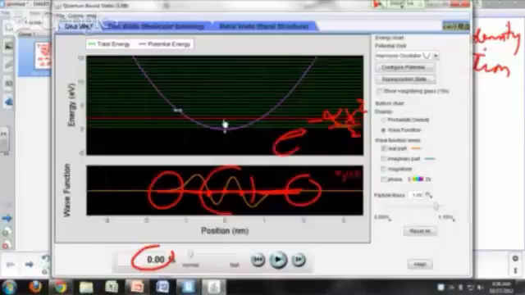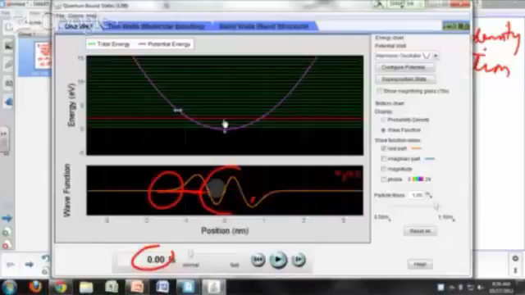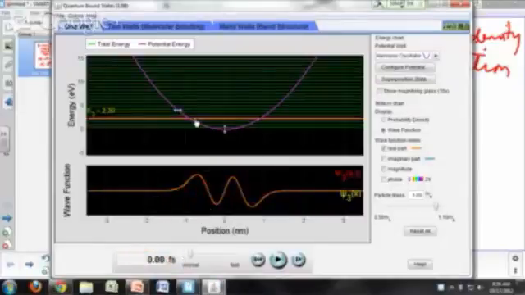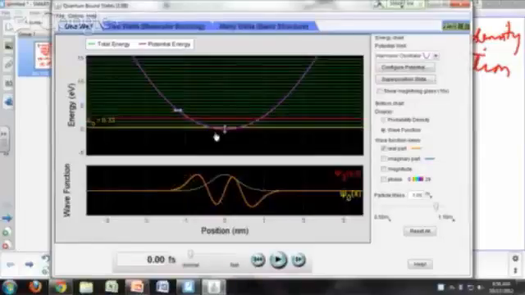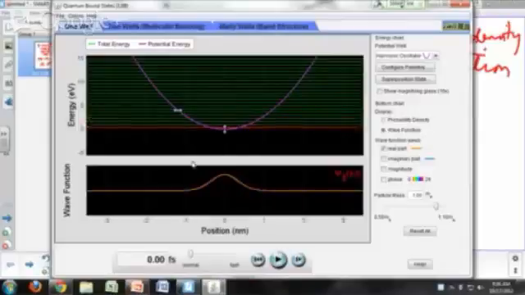Okay, and we also talked about tunneling. Let me see if I can change the scale. I can't change the scale for the energy. But one thing you'll notice is this.